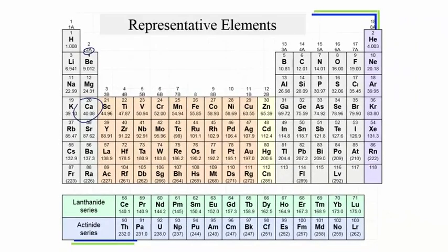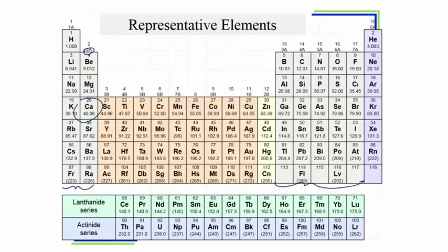Now let's refresh our memories on various areas of the periodic table. I've been using the term representative element, and maybe you're not familiar with what that means. Everything that is shaded in this similar color here are our representative elements, and depending on what screen I have, it's kind of different colors. But representative elements are these elements here.